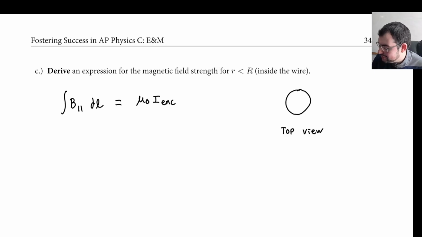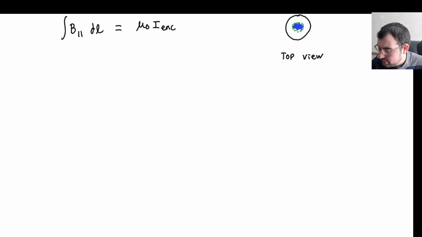If we're looking at the sort of top view of the wire, if we're inside, you can imagine taking a little circular loop there because it's going to enclose sort of partially the current. It doesn't enclose the whole thing, and it just encloses part of it. But depending on which way you take the current, I actually had it coming at me. In this case, we can see it's still going to circulate sort of around like that. So once again, we draw a circle.